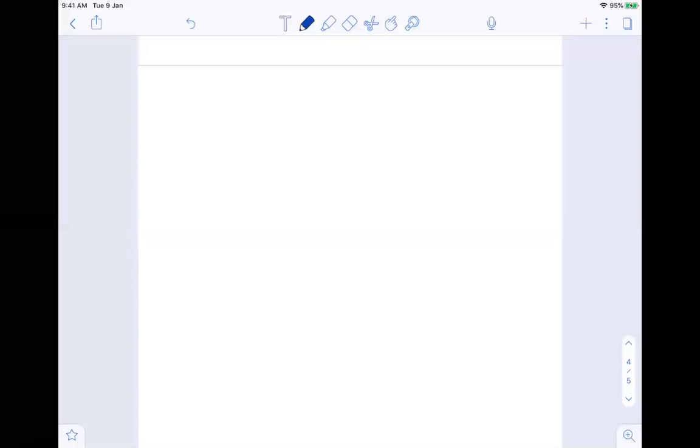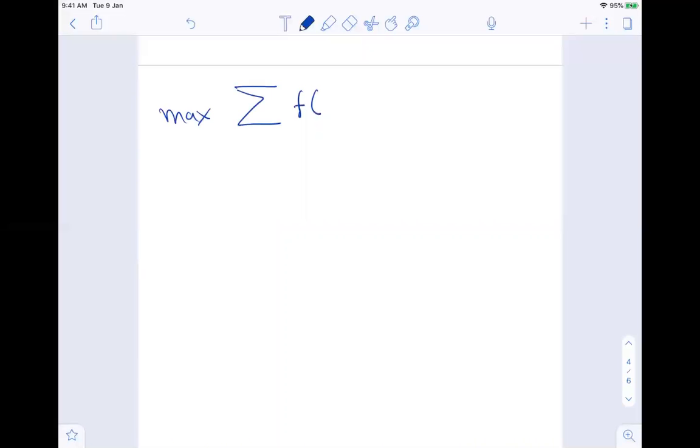So if you remember, what was this network stuff? The network, right? I'm just writing it up, okay? I wanted to maximize the network flow, meaning maximize the sum over u of f(s,u), such that the flows have some properties.